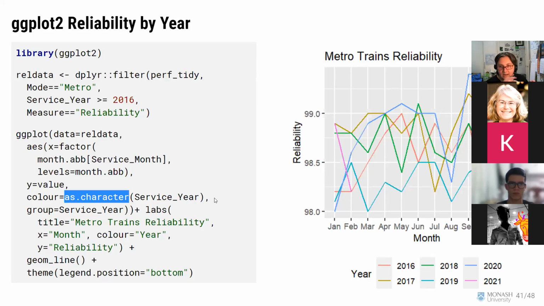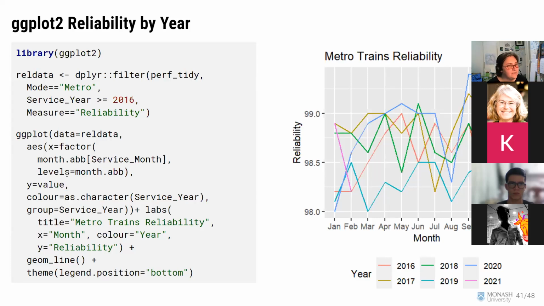But I'm just quickly putting as.character there to show you, if you don't do that, it's going to treat it as a numeric variable that varies, and so it'll just give you a range from blue to dark blue, and it's not very easy to see. So that's a quick way of fixing it so that it does a separate color, because otherwise it says 2016 is not numerically on the same scale as 2021, so it puts it all in one color scale. So it's just a way to make the colors go easily.